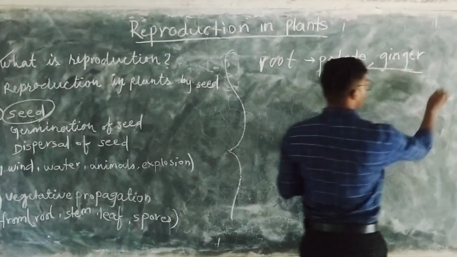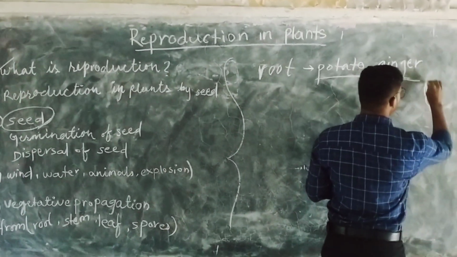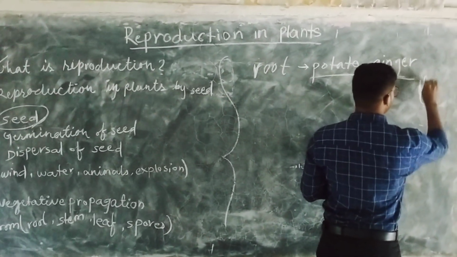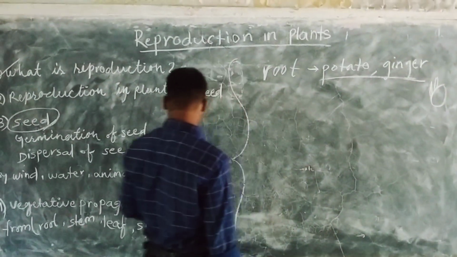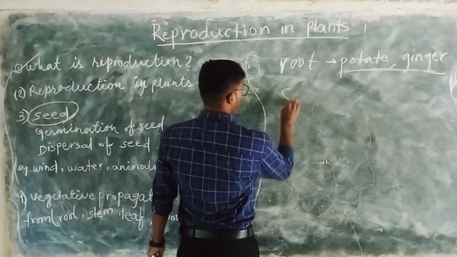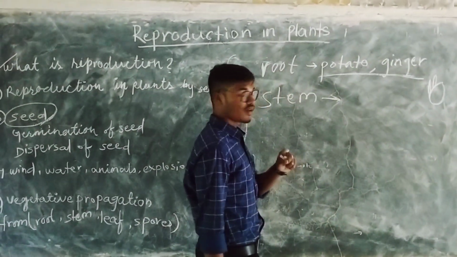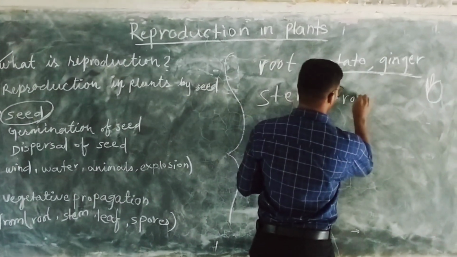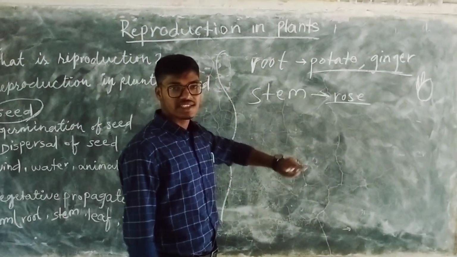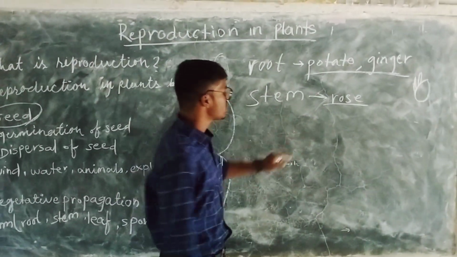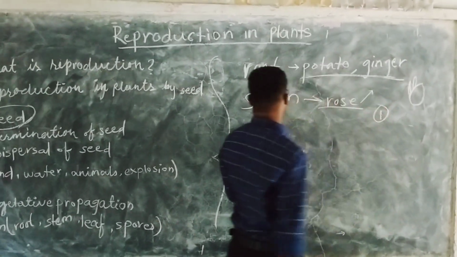And you must have seen such as potato, and near the edge of the potato the root comes out, or the baby plant. And the second one is stem. For example, rose. If you cut the rose and take its branch, and if you put it under the soil, it will grow.